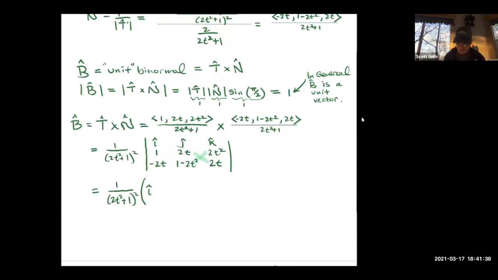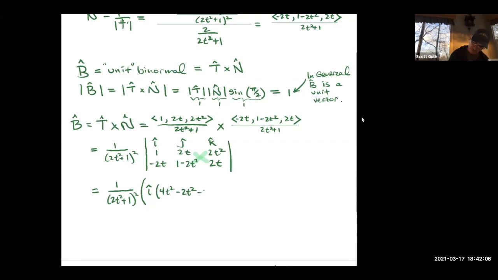So that's going to be 4t squared minus 2t squared, and then a double negative, minus, 4t to the fourth.